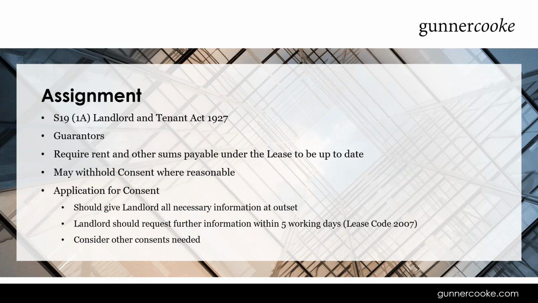This is particularly tricky where you've got a group of companies and you've got an intra-group transfer of the lease and the parent company is expected to guarantee both. They can't do that. The only thing that the initial guarantor can do is guarantee the original tenant's compliance with the authorised guarantee agreement. So just bear that in mind when you're dealing with your guarantors.